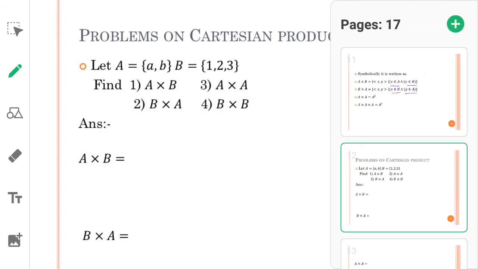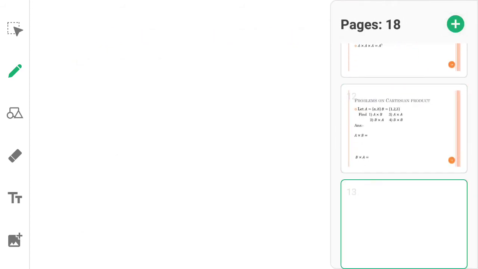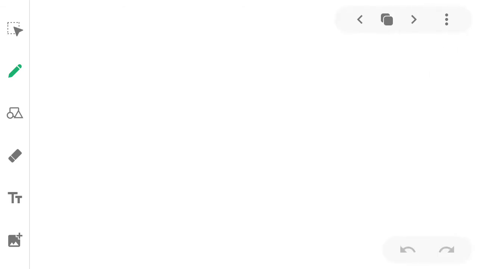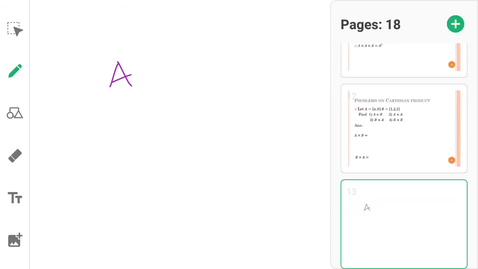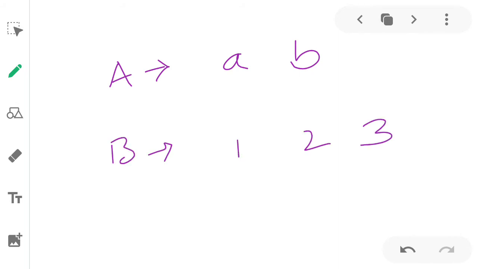So before that, we will study how to form the ordered pairs. As said, A contains two elements A, B. Said B contains three elements 1, 2, 3, and we want to find A cross B. So how to form the combinations here?